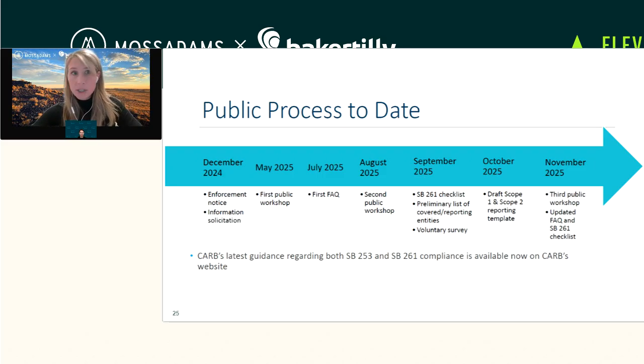So three workshops, May, August, and November, with some critical information coming out of those workshops, some FAQs and updated FAQs. Definitely recommend that you visit CARB's webpage for these regulations. That's where you can find the FAQs, the checklists, the various resources they've provided. At the end of this presentation, there are links to those websites, so that is available to you for easy access.